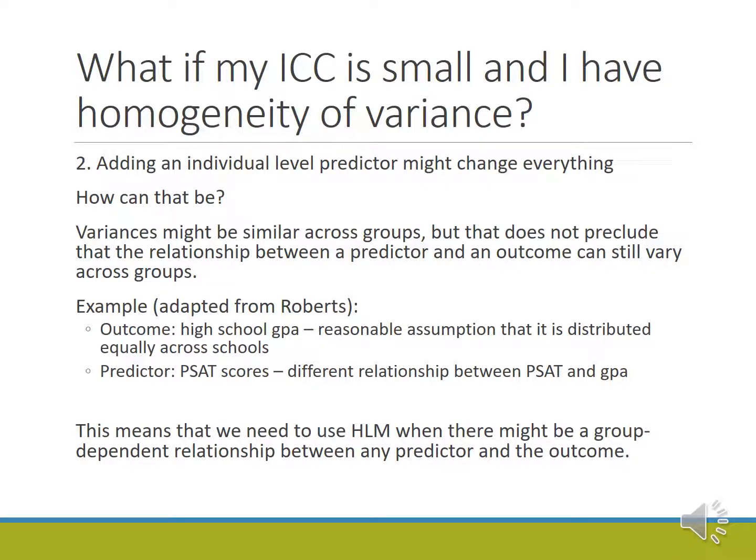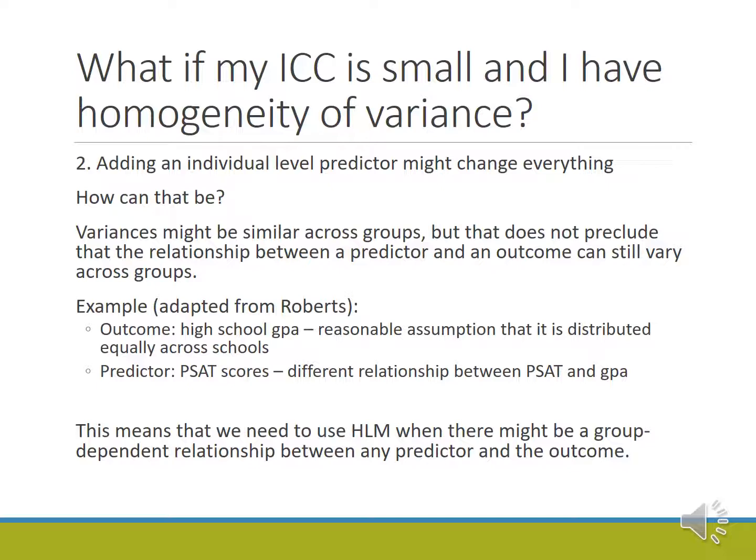You can still have scenarios, and those show up quite frequently, where the variances might be similar across groups, but it doesn't preclude that the relationship between the predictor and the outcome can still vary across groups. So in different groups, different individual characteristics have a different impact on the outcome. The example that I've adapted from Roberts' paper is, let's look at the outcome of a person's high school GPA.